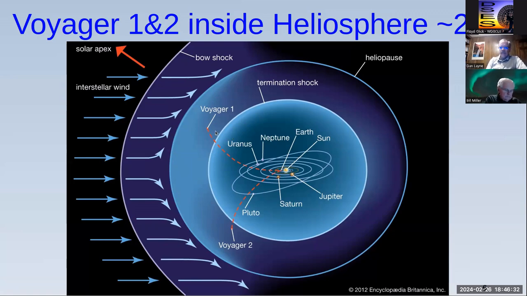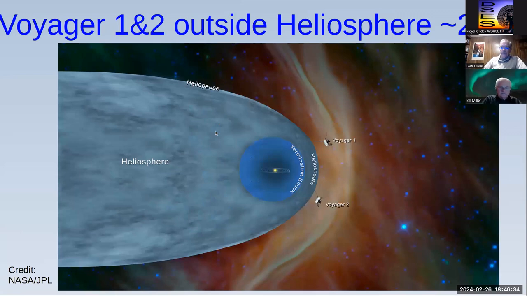And then 10 years later, NASA has this model. So in roughly 2020, they're showing that Voyager 1 and Voyager 2 both have escaped the heliosphere. They've transited the heliosheath, and they've transited the heliopause. Voyager 1 went through this region in 2012 and Voyager 2 in 2018.